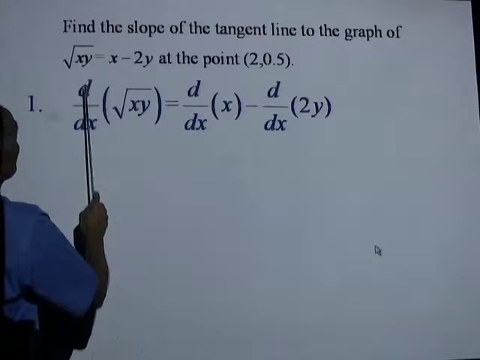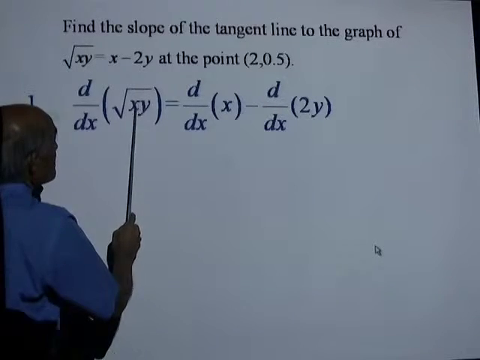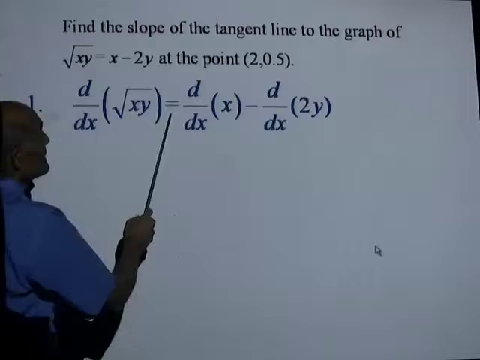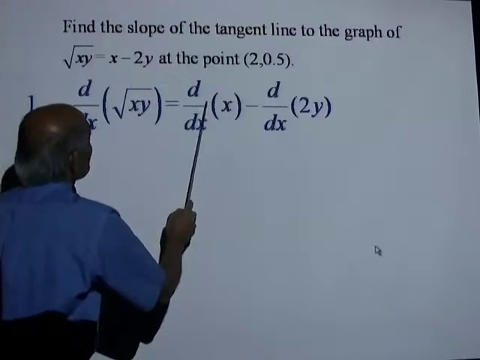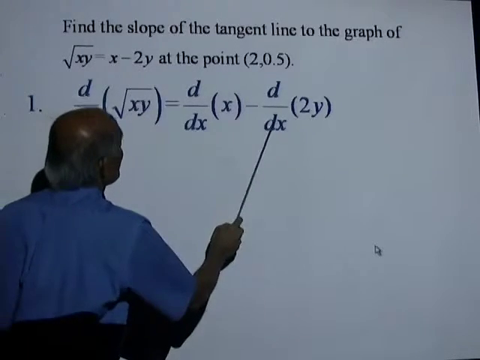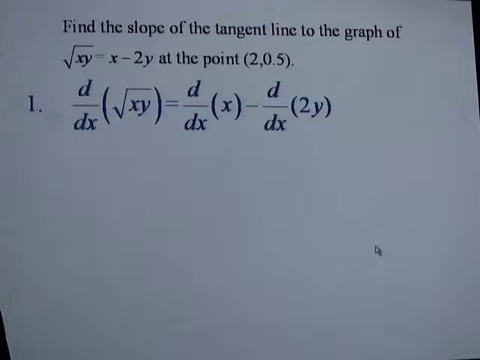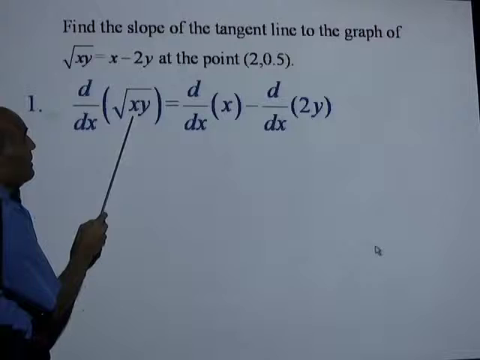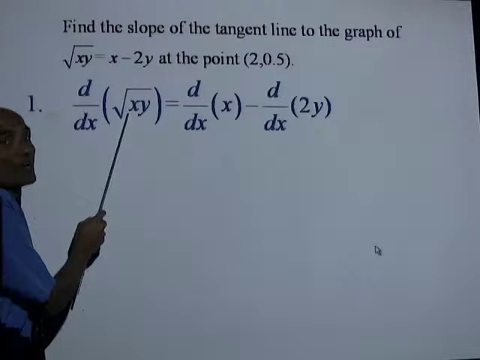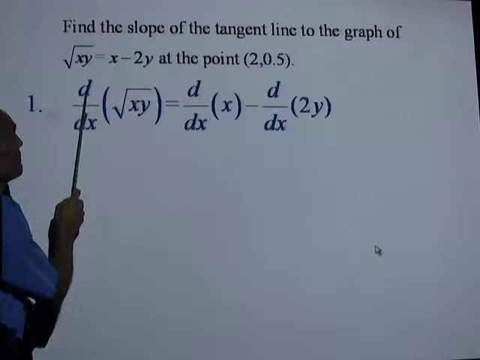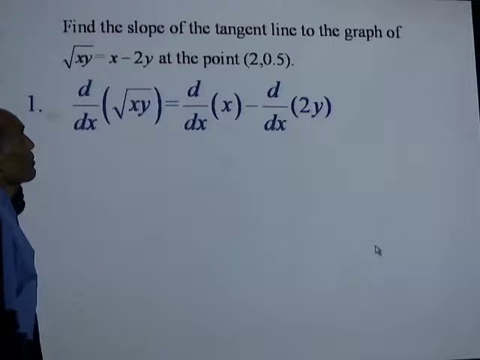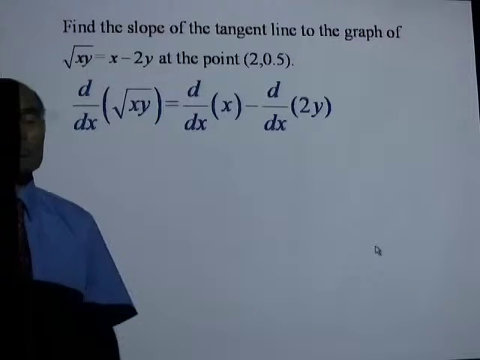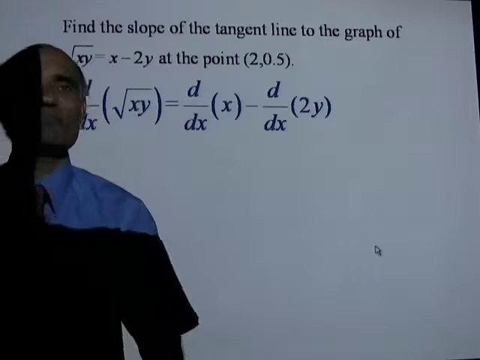Alright, so d by dx of square root xy equal to d by dx of x minus d by dx of 2y. Can you stop the video and write down what this will be? Find the derivative of square root of xy with respect to x.